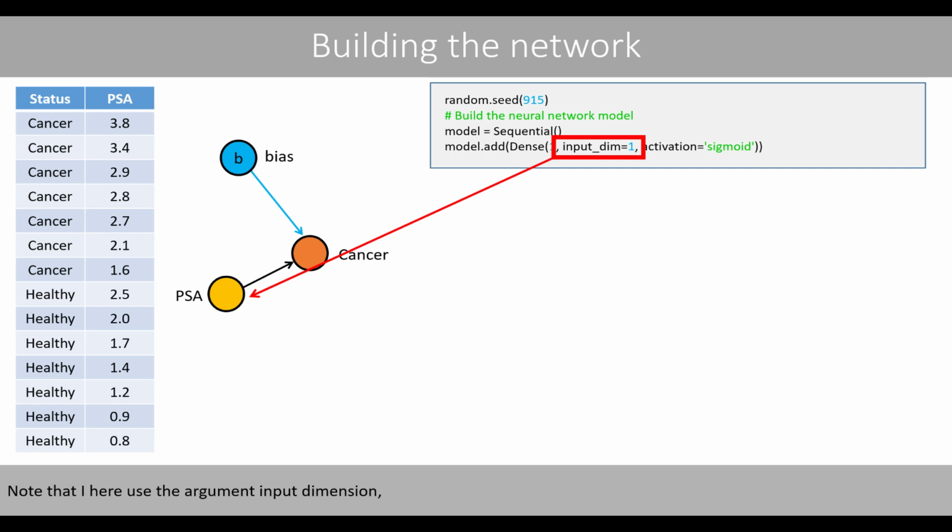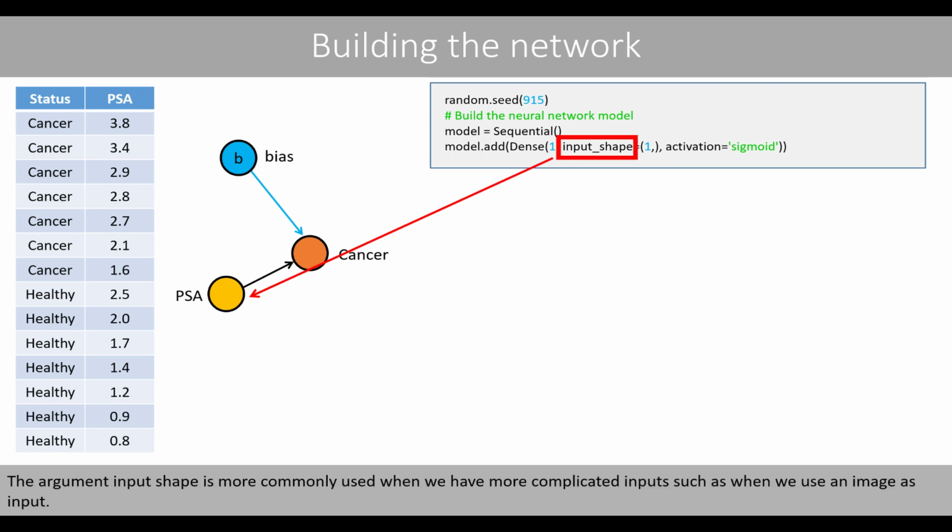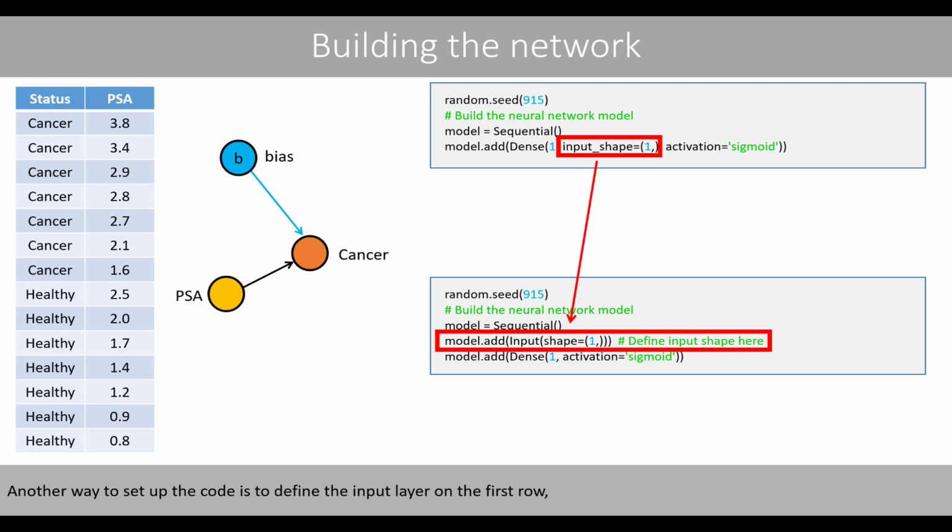Note that I here use the argument input dimension, but you may sometimes see that the argument input shape is used. The argument input shape is more commonly used when we have more complicated inputs, such as when we use an image as input.